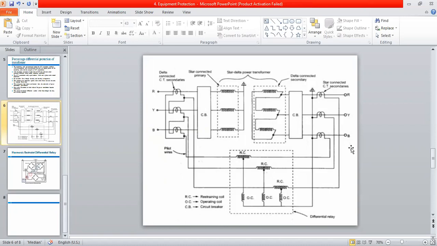So this is your delta connected secondary side.